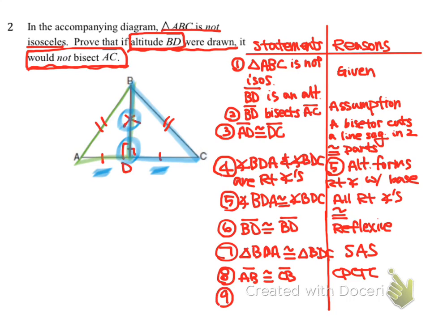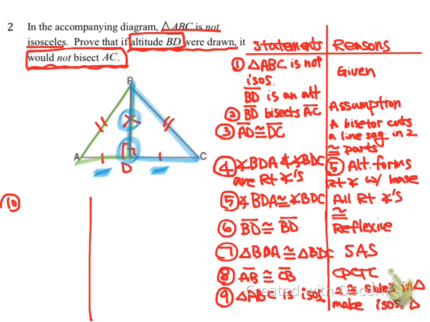Step number 9. Since those two sides are congruent, triangle ABC is isosceles. Why? Two congruent sides in a triangle make an isosceles triangle. Now, but what have we realized?